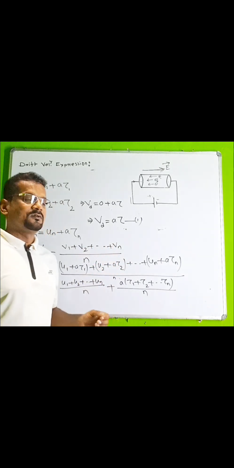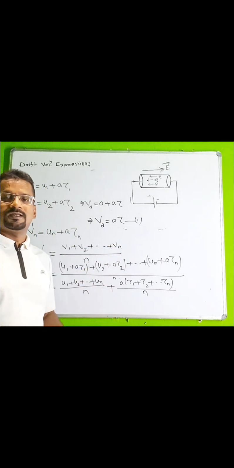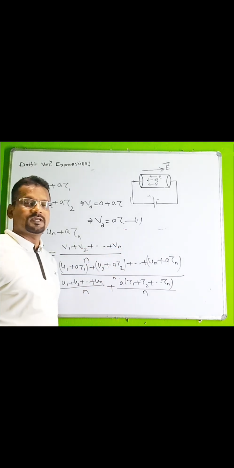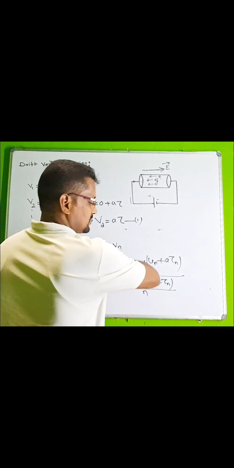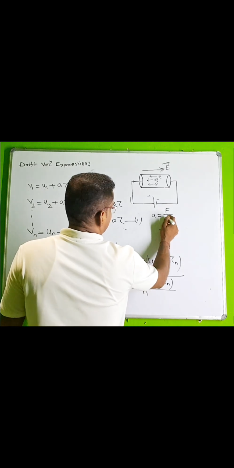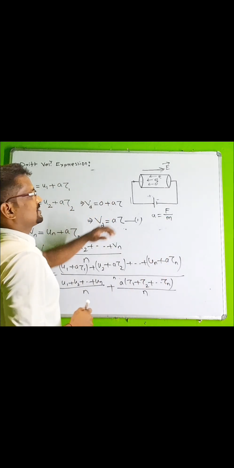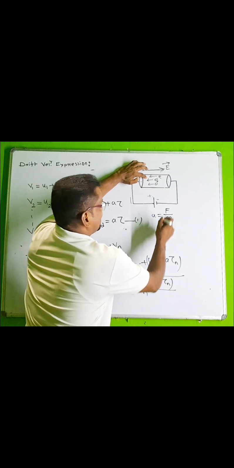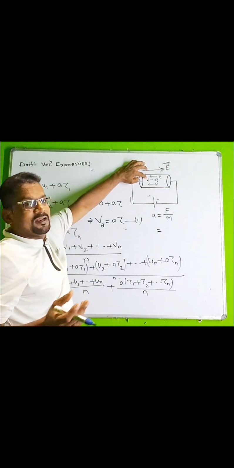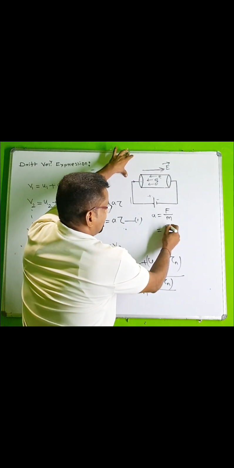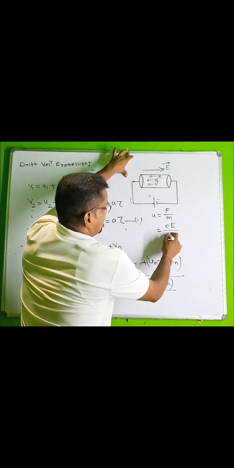Now you just have to replace the acceleration a, which can be calculated by Newton's second law. As you know, force equals ma, so acceleration equals force divided by mass. In this case, the electric field is E, and we are considering free electrons. So the force will be e times E, and a equals eE divided by m, where m is the mass of an electron.